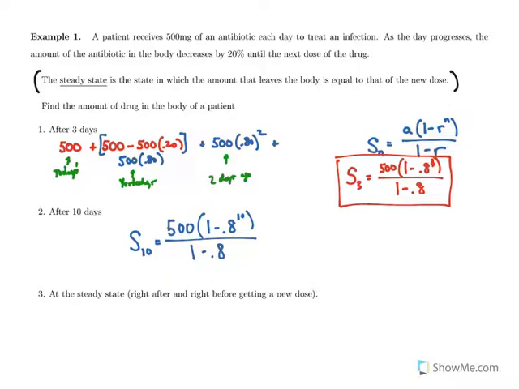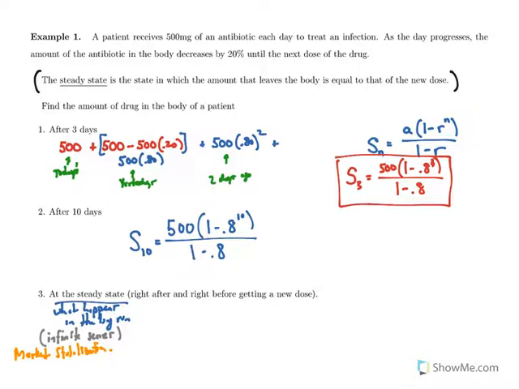And the steady state is what happens in the long run. We're going to look at the infinite series. And note that this is really the same idea as the market stabilization problem in the previous video.